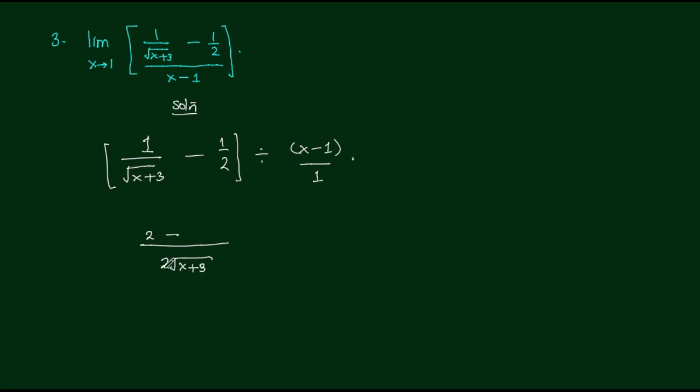So this one goes root x plus 3, then times 1 over x minus 1. When we simplify by multiplying the numerators separately and the denominators separately, we obtain 2 minus the square root of x plus 3.